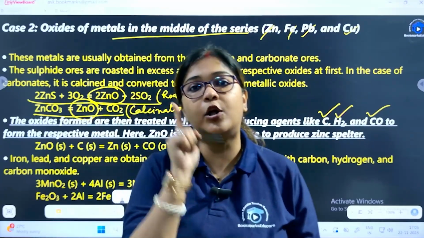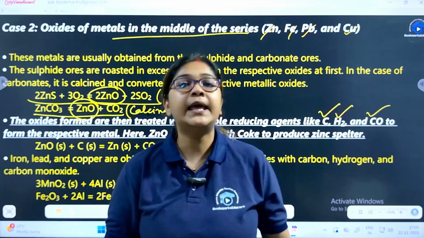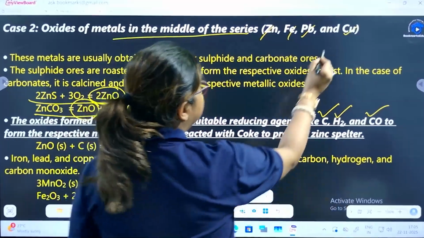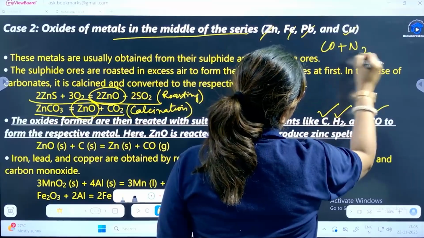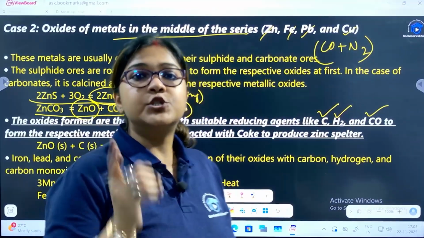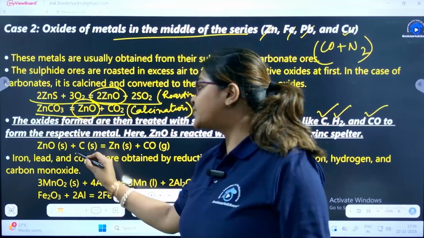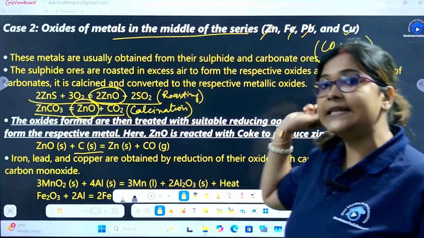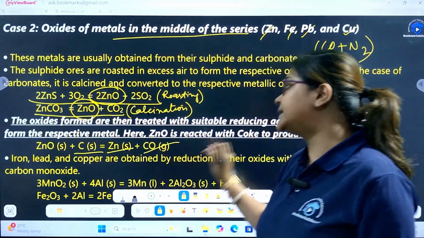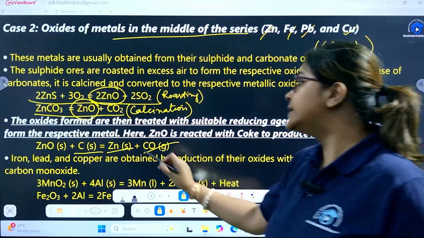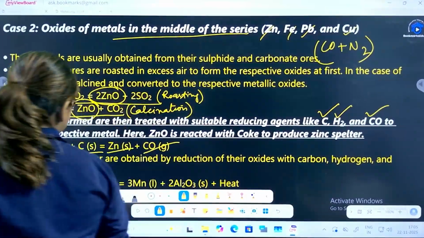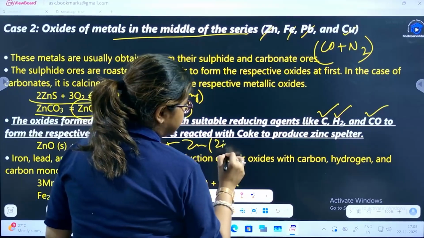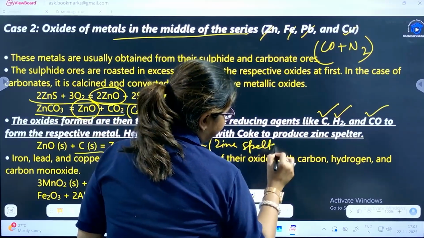So zinc oxide always reacts with powdered carbon in an inert atmosphere with producer gas present. Producer gas is nothing but a combination of carbon monoxide and nitrogen. So zinc oxide reacts with powdered coke in the presence of producer gas in a retort to generate zinc metal and carbon monoxide gas. The zinc obtained is known as zinc spelter.